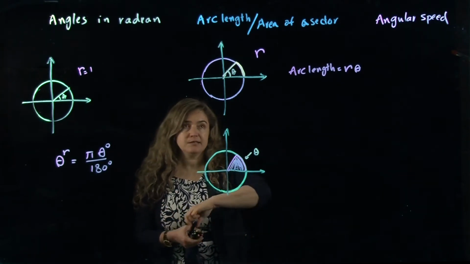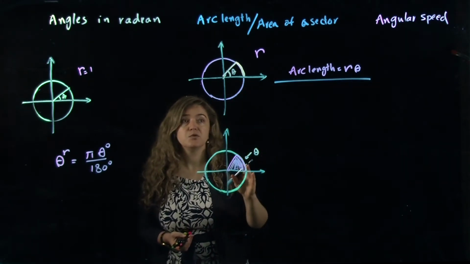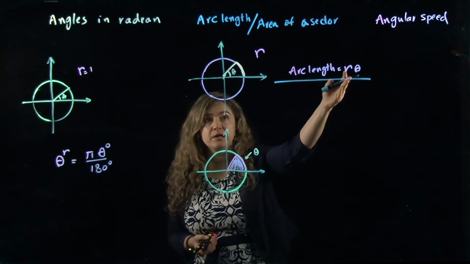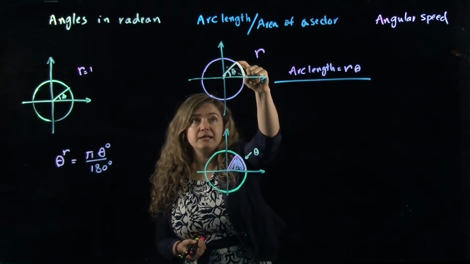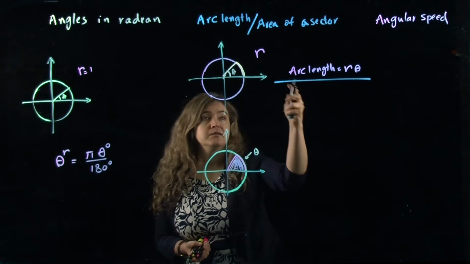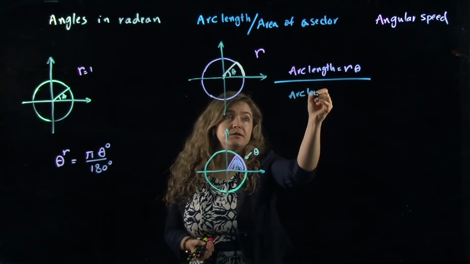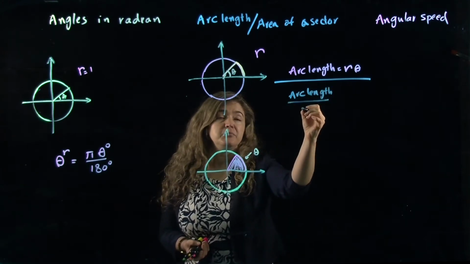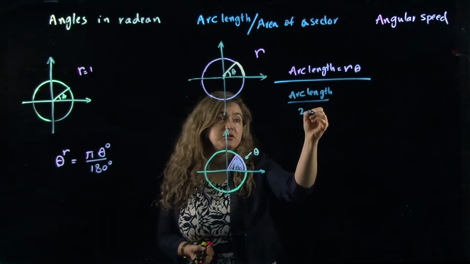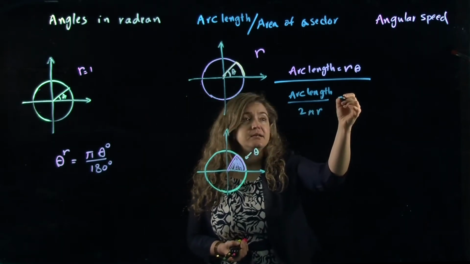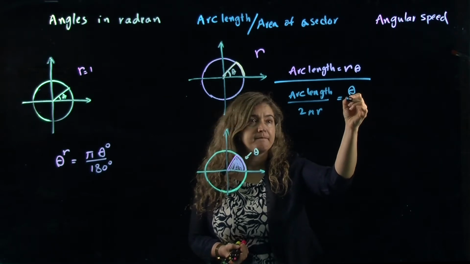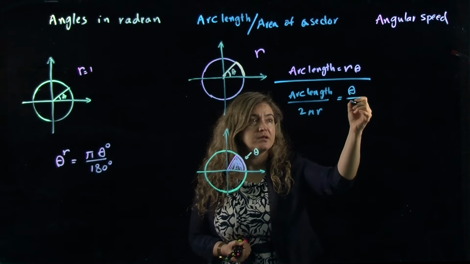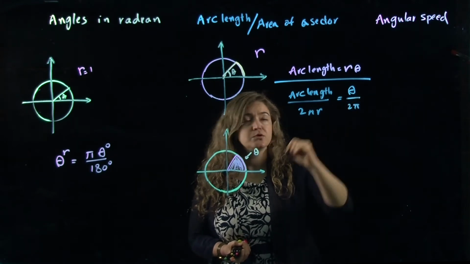The other way of discussing this, so this is method number 2 of deriving the same formula, is that the ratio of the arc length that theta is facing, divided by the entire circumference of the circle, which we know is 2 pi r, is equal to theta divided by 2 pi.